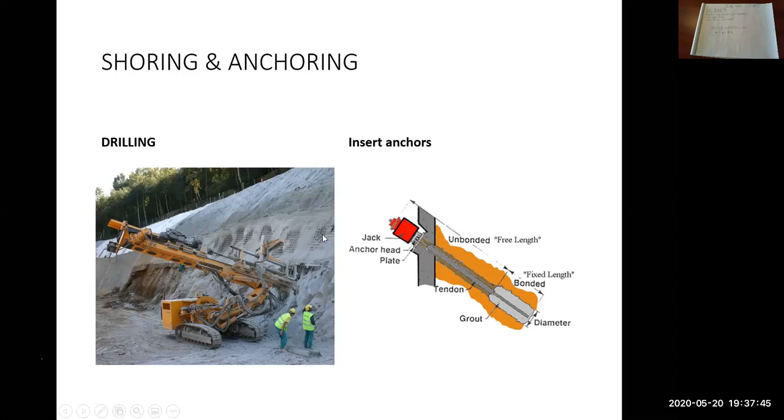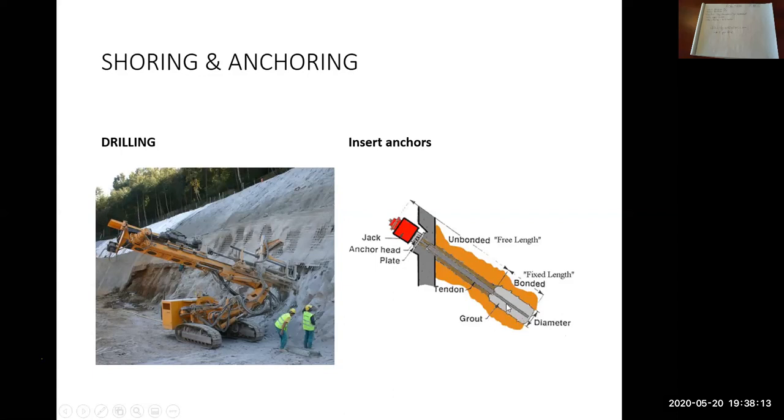It's not horizontal, it's at some angle down. There's a casing, which is this diameter here. Inside that goes an anchor rod, or tendon, as shown here. Then the void between the casing and the anchor is grouted.